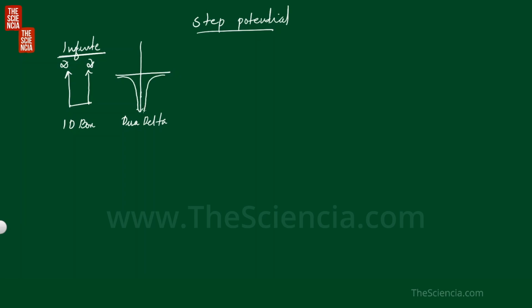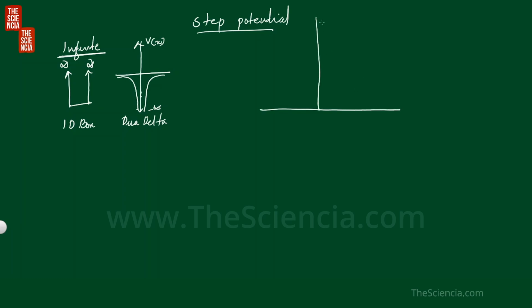Okay, so this tends up to infinity. Right, so these are the infinite potentials. Now we are going to discuss the step potential, that is a finite potential. That is, this step potential will look like this one.